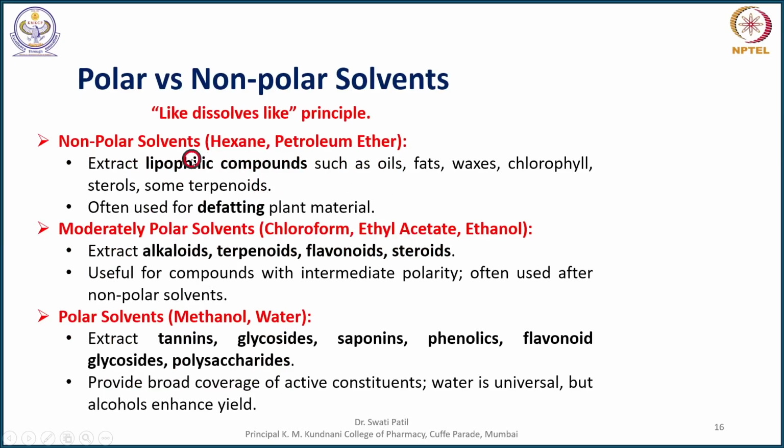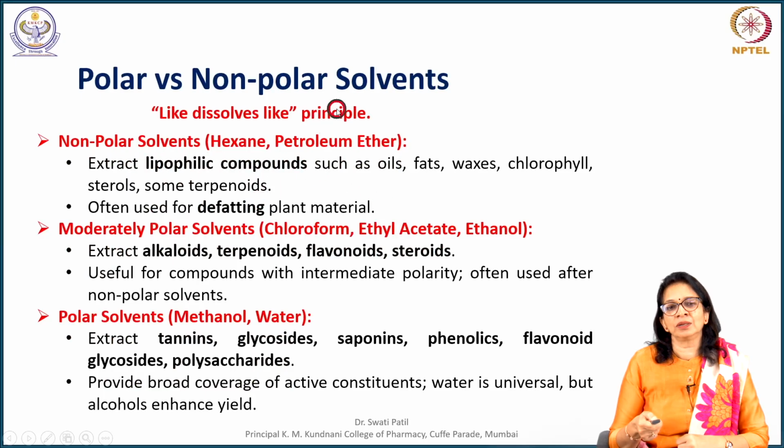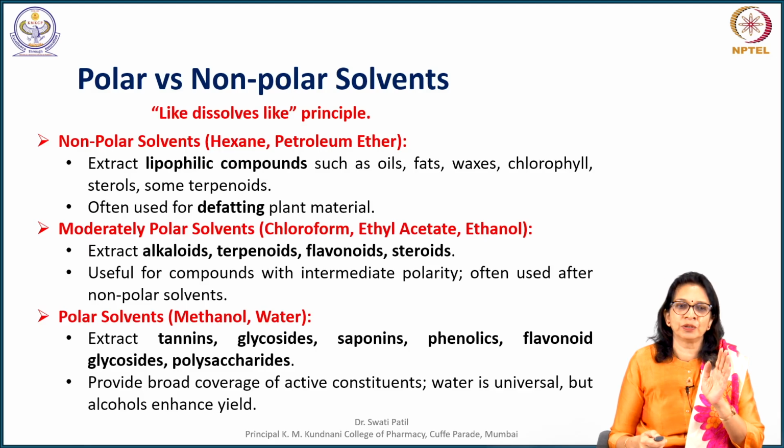Whether to use a polar or a non-polar solvent depends on the kind of constituents we want to extract. Suppose we want to extract oils, fats, waxes, chlorophyll and some terpenoids, we have to use non-polar solvents. However, traditional systems of medicine like Ayurveda use only natural solvents like water, cow urine, ghee and some oils.